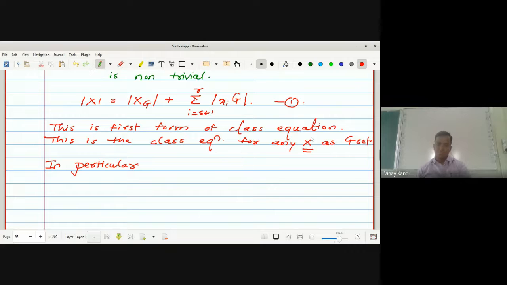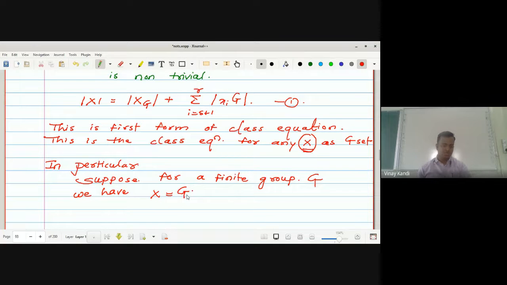ओके, हा आज आपण क्लास इक्वेशन कोणाचा काढलाय? हा कॅपिटल एक्स. हा कॅपिटल एक्स म्हणजे जी आहे काही ते म्हणजे. So in particular, assume here now this X is equal to G. Suppose for a finite group G, we have X is equal to G. Put X is equal to G. Is G a G-set?